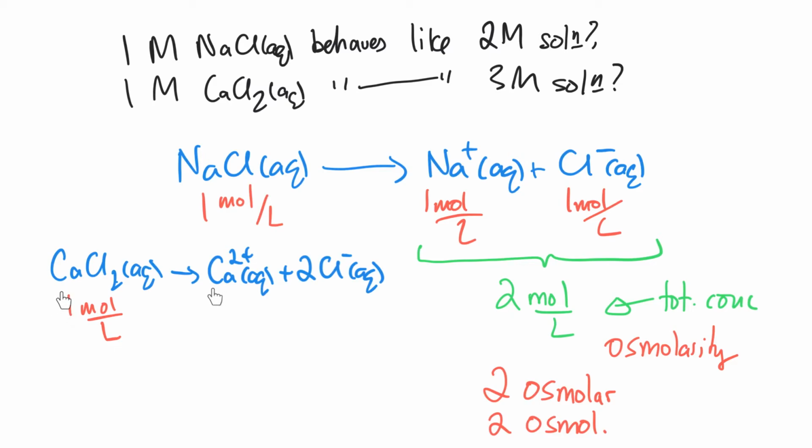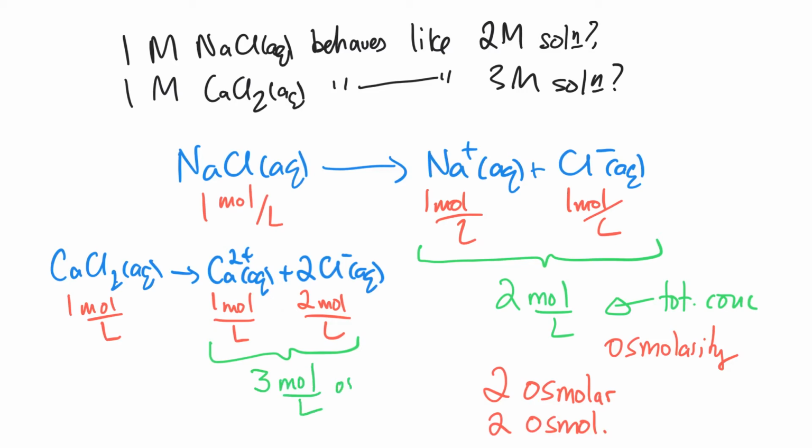So for every 1 calcium chloride, we'd have 1 calcium. And for every 1 calcium chloride, we'd have 2 chloride ions. So you get 1 mole of calcium in every liter, and you get 2 moles of chloride in every liter. And the boiling point elevation, that colligative property, depends on the total concentration. And if we had 1 molar calcium chloride, it would give us 3 molar of stuff. So our total concentration is 3 moles per liter.